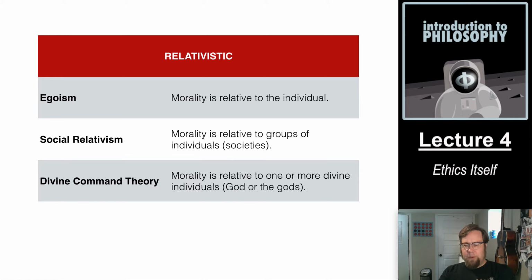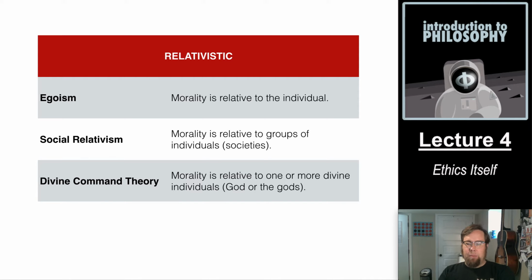Divine command theory, which we talked quite a bit about in lecture 2, makes ethics or morality relative to the will of God, or if there are multiple gods, the will of the gods. So it's universal in the sense that humans universally have to abide by this one morality.